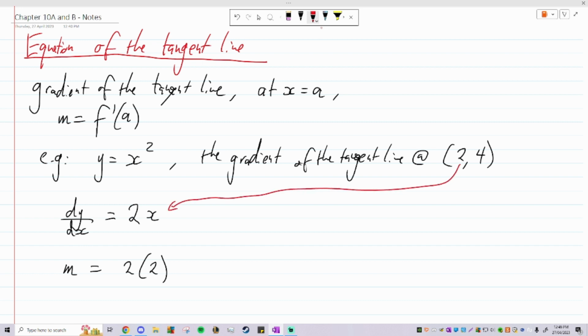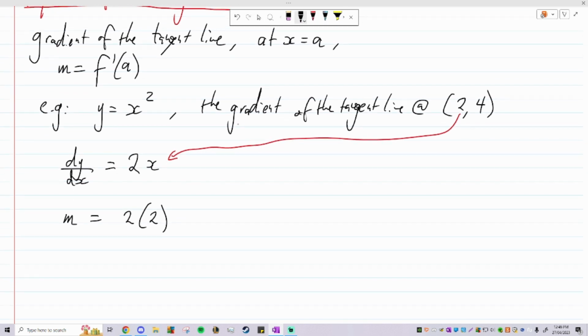I'm just finding the derivative at x equals 2, and I get m equals 4. So this is pretty straightforward. Everything we've done so far has been exactly this. So the gradient of the tangent line at x equals 2 is 4.